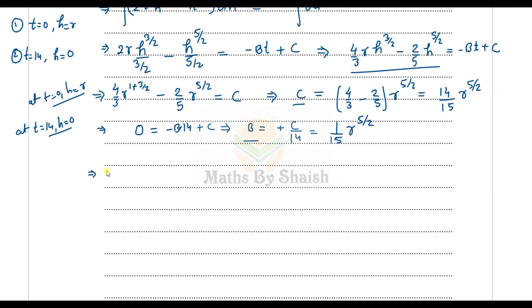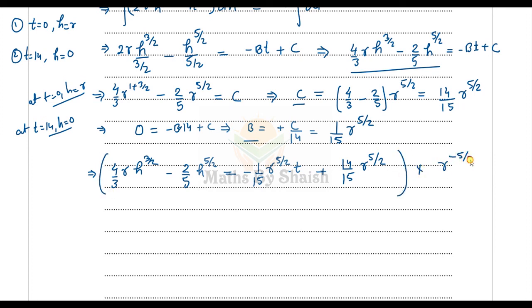So we will get 4 over 3 r h to the power 3 by 2 minus 2 over 5 h to the power 5 over 2 is equal to minus 1 over 15 r raised to the power 5 by 2 times t plus 14 over 15 r to the power 5 by 2. I want to get rid of this r raised to the power 5 by 2, so I'll multiply the whole equation by r raised to the power minus 5 by 2.